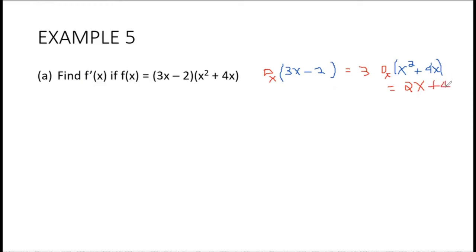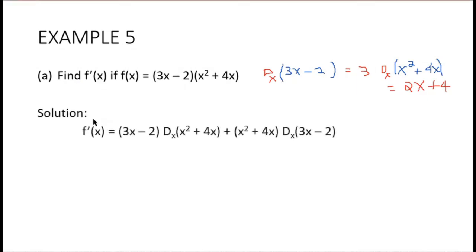Then, gamitin natin yung definition na yon. Solution. Okay, so f prime of x equals to a given function 3x minus 2 times the derivative of x squared plus 4x plus a function x squared plus 4x times the derivative of 3x minus 2.